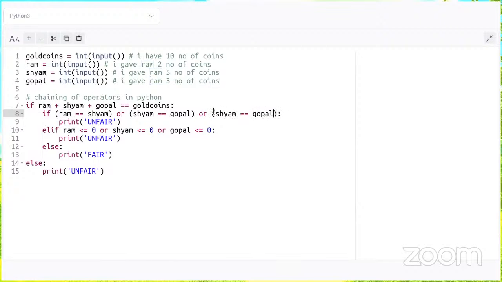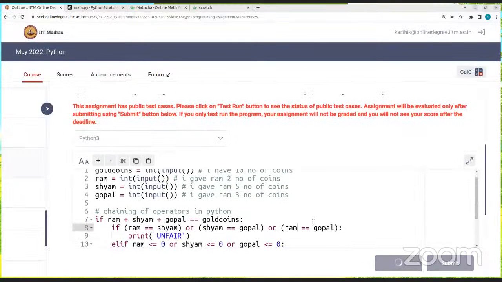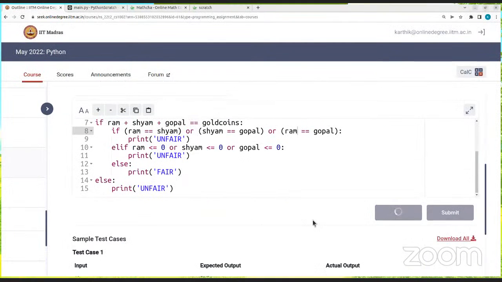Ram less than or equal to 0 or Shyam less than, this condition is wrong, sir. One second. We are doing this twice, right? So we are missing out on something. Ram Shyam, Shyam Gopal, then Ram Gopal. Was it like this earlier? Yes, maybe Gopal is equal to Ram.